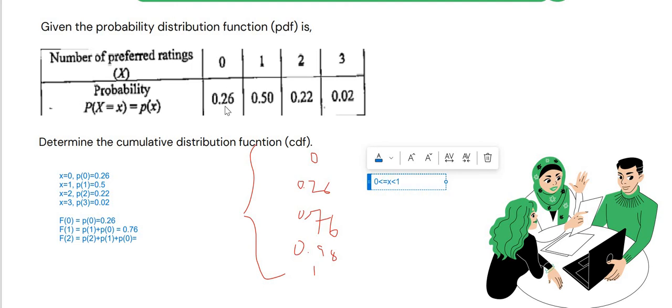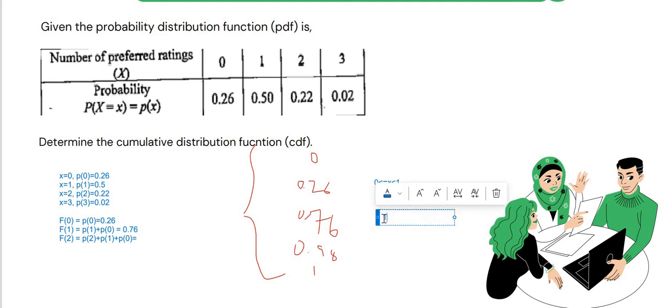You can see that 0.26 belongs to 0, so it means 0 is included. Then the second one must be 1, continuing, included, between 1 and 2.